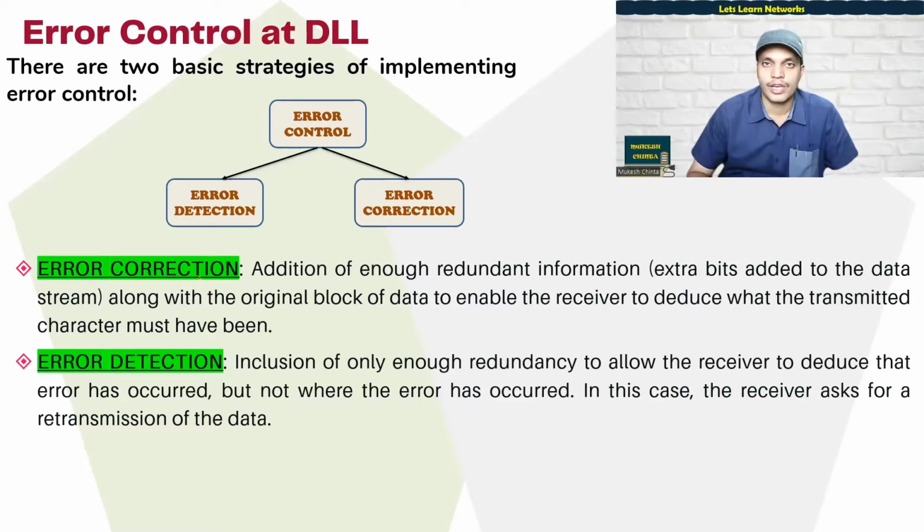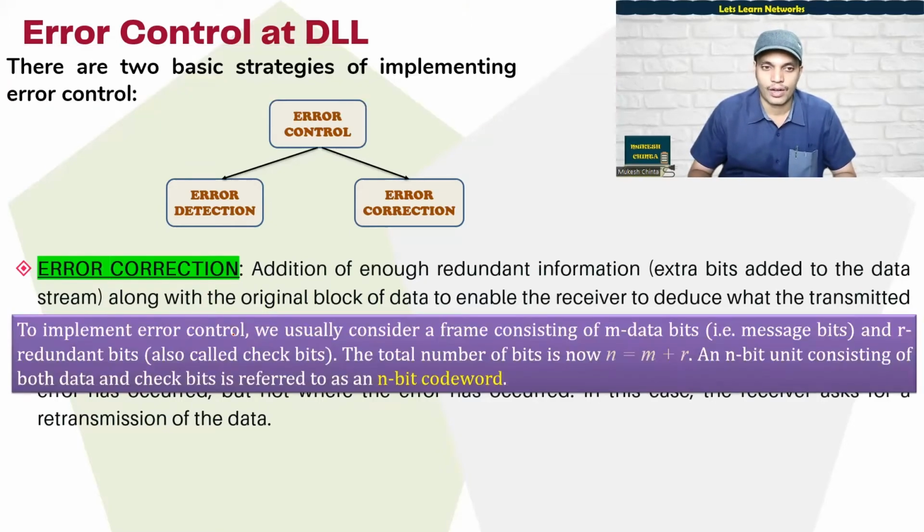Error correction adds enough redundancy for the receiver to identify where the error has occurred, and also to generate the original data by itself. Whereas error detection techniques will only tell you that an error has happened. It does not tell you how many errors occurred or where the bit positions are. So in that case, the receiver usually asks the sender for retransmission of the data. So these are the two different ways of handling error control.